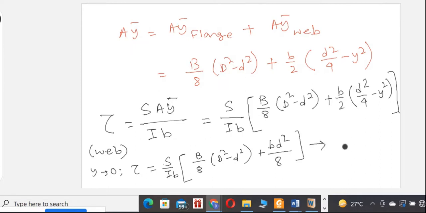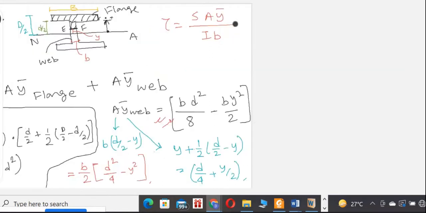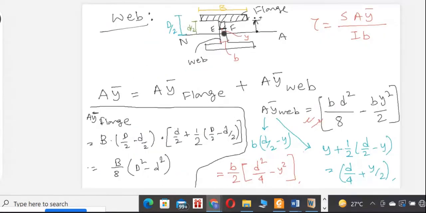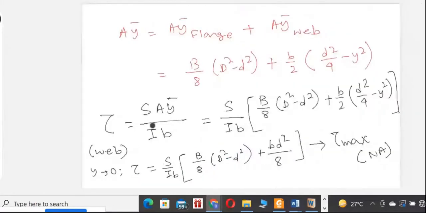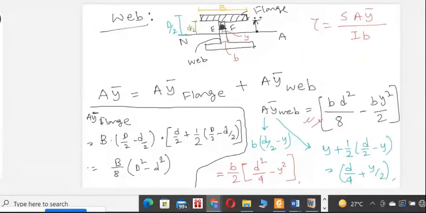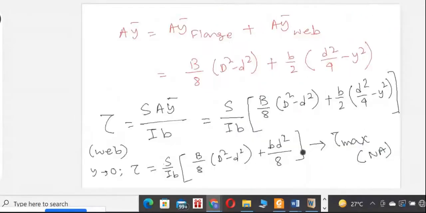So this is the tau max, because the y term that reduces it vanishes. Now y becomes 0, so everything is intact and this is the maximum, and this is at the neutral axis. And the other part he said is that y will vary from 0 to small d by 2. So what will be the shear stress at small d by 2?